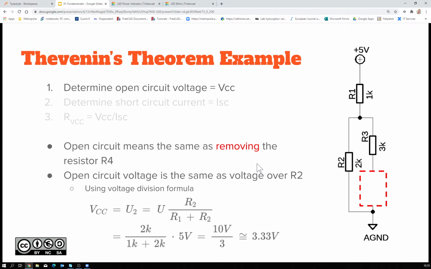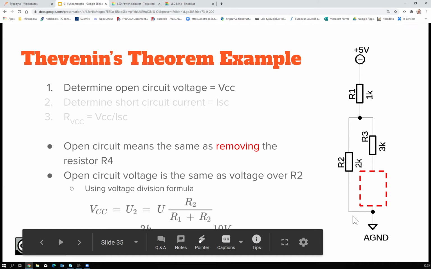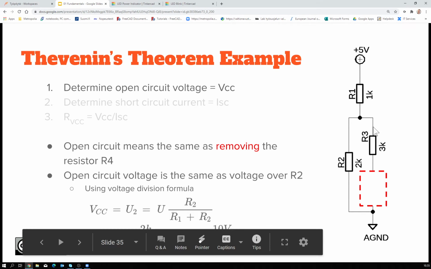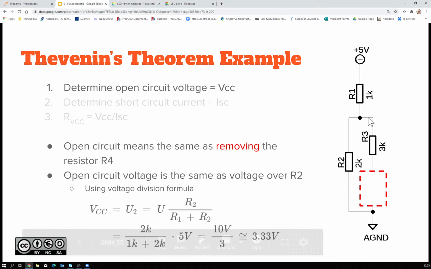And now what is the voltage? Now we have current flowing only via R1 and R2. Since this is open, no current is flowing through R3, so the voltage across R3 is 0.